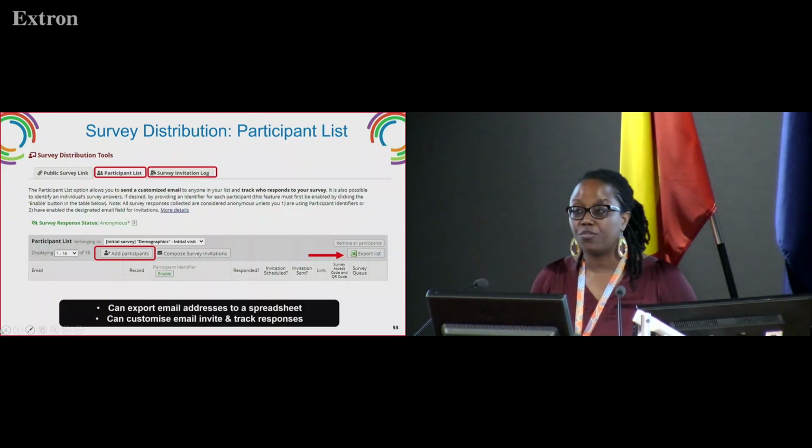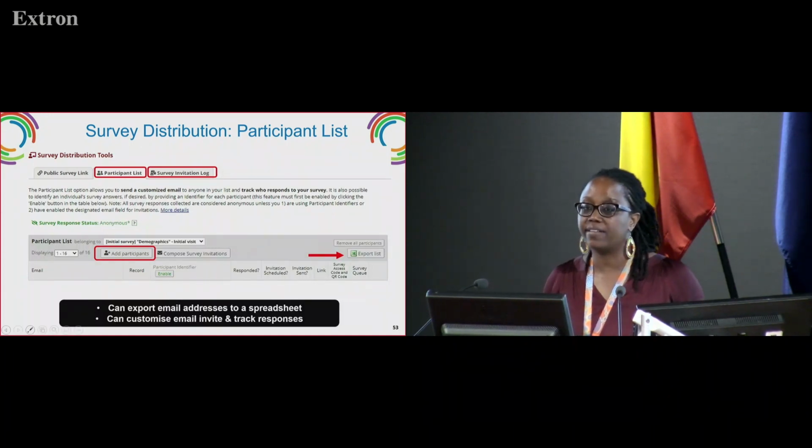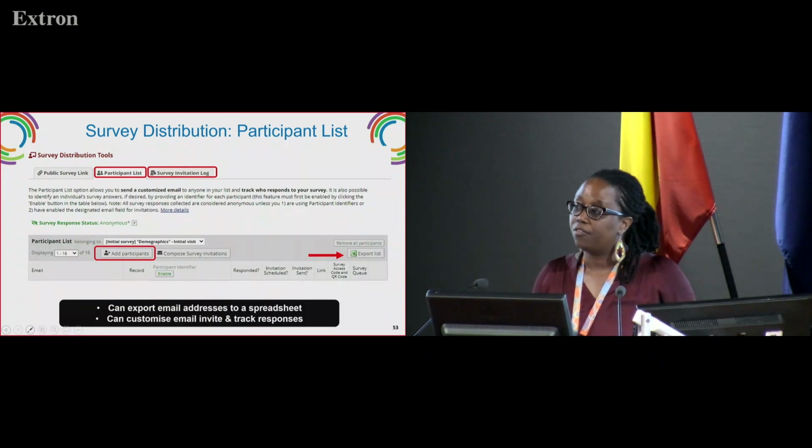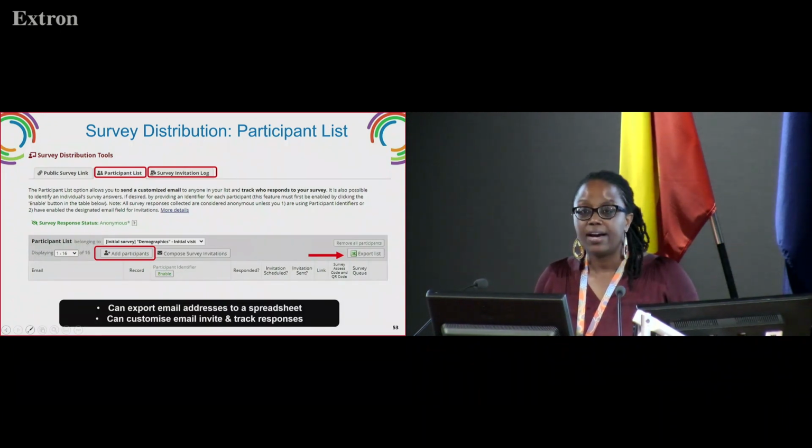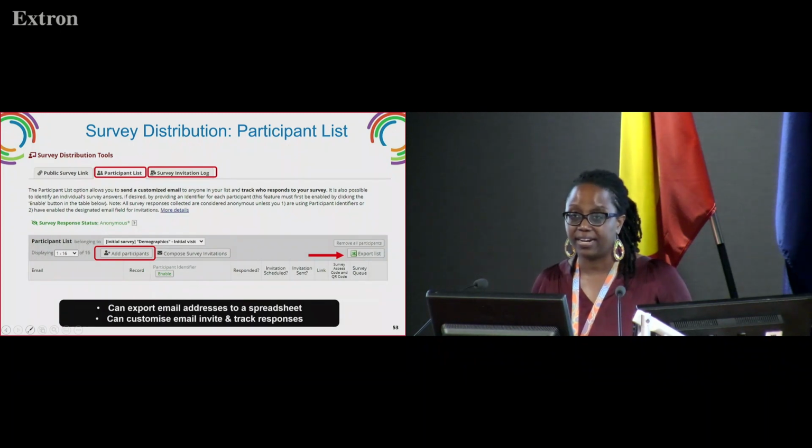From the point of view of being the project manager or the PI, you can still have a survey invitation log so that you can see that I sent out this survey to 100 people, 45 of them have responded, reminders have been sent out to 25 of them, or maybe the remaining 55. So it gives you that. And eventually you can export the list if you want to have it for your records, that these were the people involved in the study and these are their contact addresses.